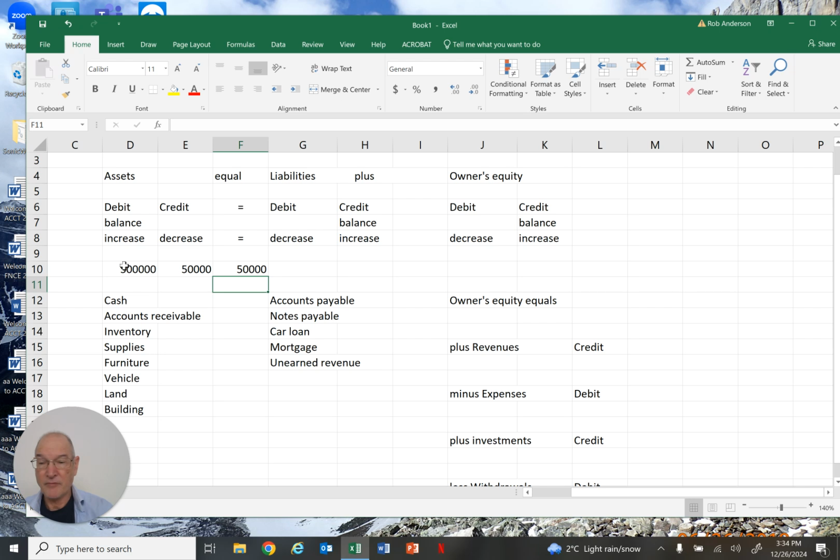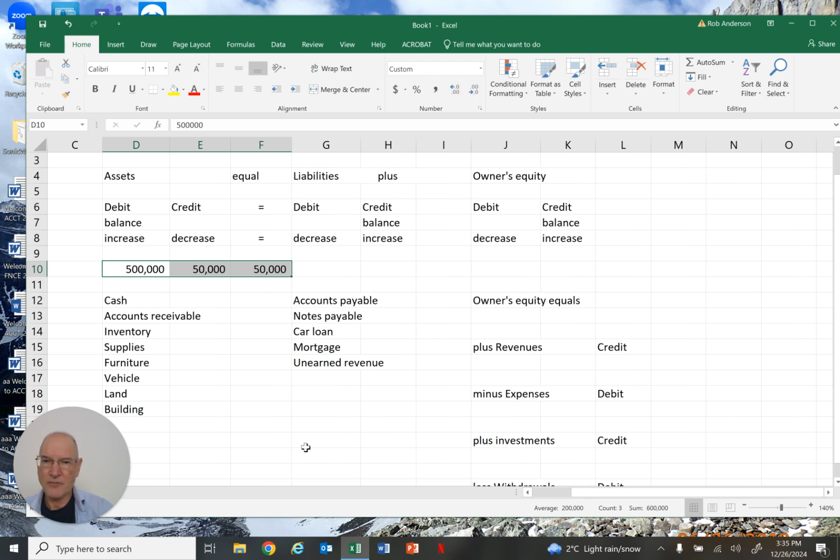Okay, now this is pretty made up, so I didn't bother with the commas, but I can put them in. So here we have it. These are your assets: your cash, your vehicle, your house. Now you may have others, but this will be a quick example.